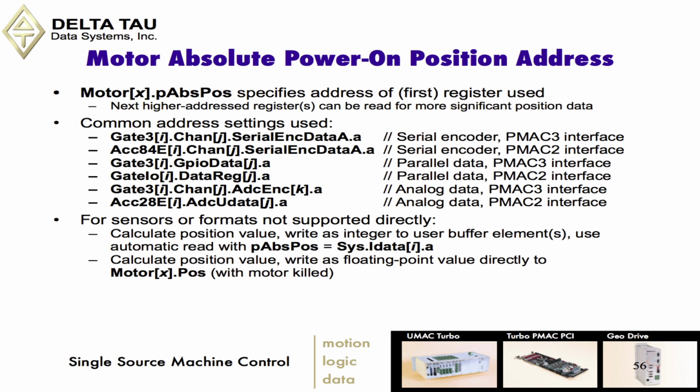Or it could be analog data from one of the analog encoders, so an ADC from an analog feedback device. Accessory 28A, 28E can give us analog feedback.